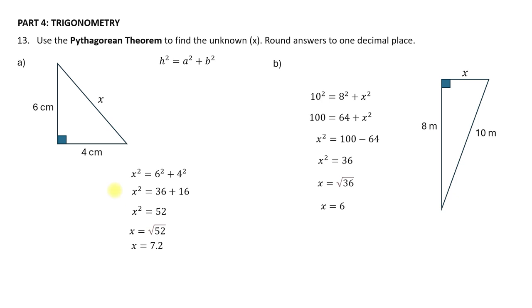X squared equals 36 plus 16. X squared equals 52, then x equals the square root of 52. And the square root of 52 happens to be 7.2. So that tells us that the length of x is 7.2 centimeters.